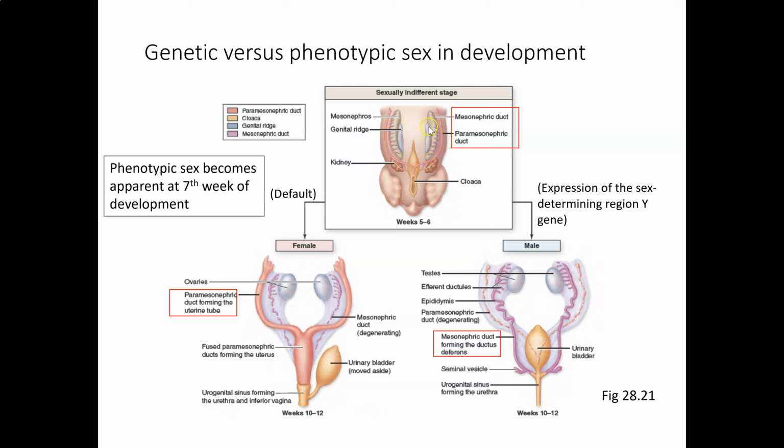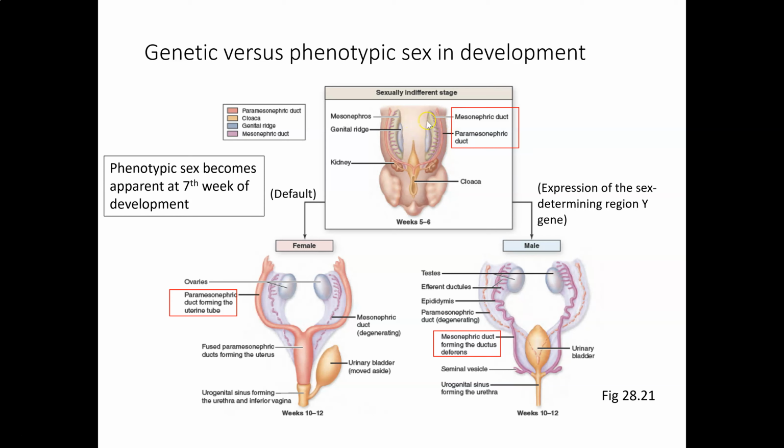Then right next to the genital ridge, you have two sets of ducts. The first duct is called the mesonephric duct. That's the one right next to the genital ridge. Then you have a parallel paramesonephric duct, which is a little bit more distal from the genital ridge.